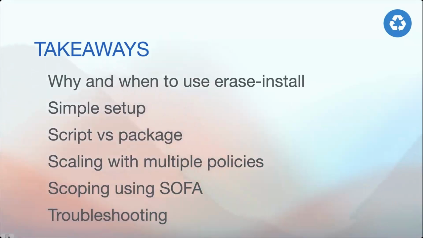We've integrated erase install with data from SOFA so that we can target policies in a more intelligent way without having to resort to maintaining regex strings of compatible models and things. And you can also use, by the way, those extension attributes for other purposes, such as scoping MDM software update commands. And finally, we've touched on how to troubleshoot when things go wrong.